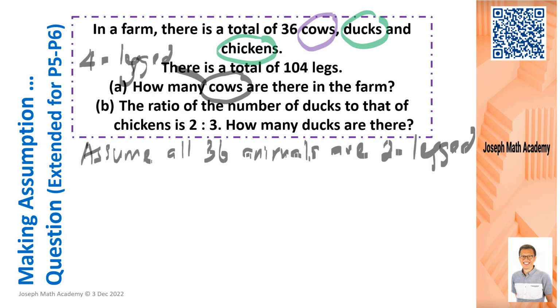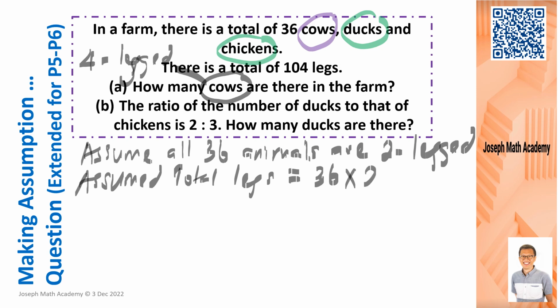So after stating the assumption statement, let's write down the first equation. So assume total legs. We have to be very clear in our short statement. So 36 animals, they are all assumed to be two-legged. So that gives us 72. Now, our second equation will be actual total legs.